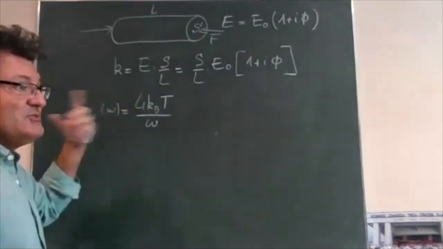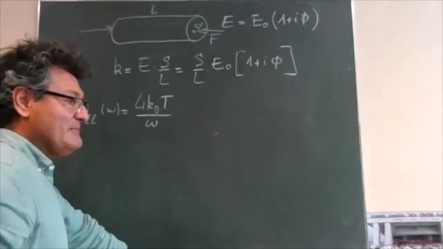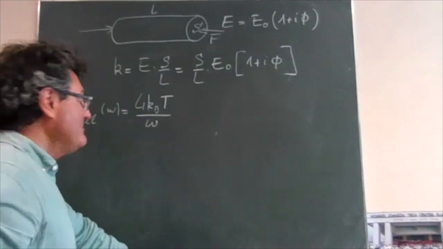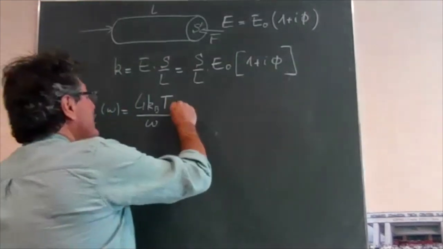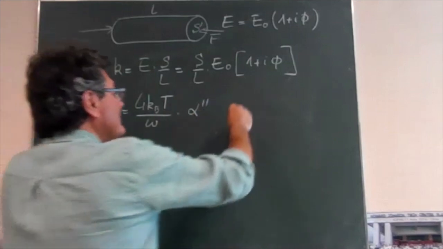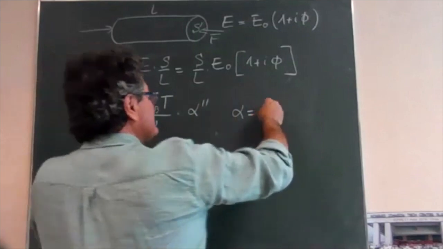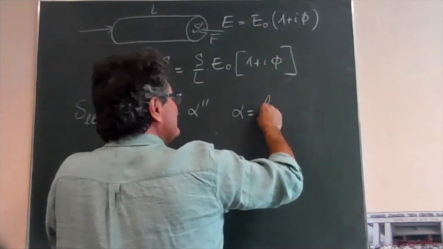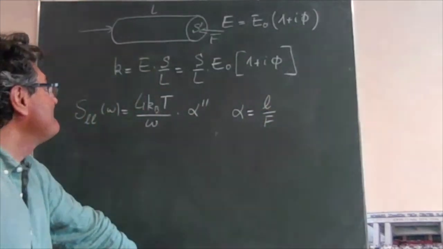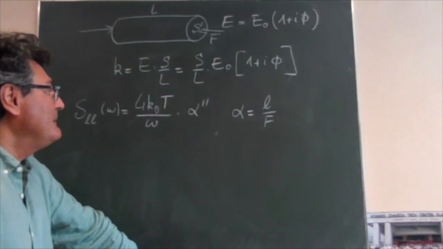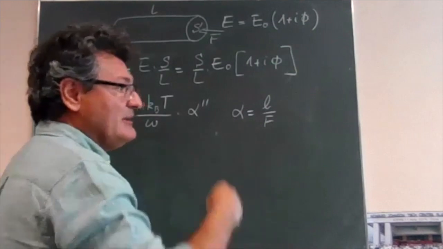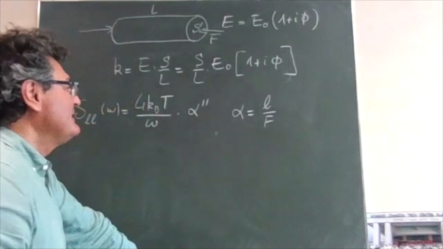This is the residual of the quantum origin of the fluctuation dissipation theorem, times alpha second. So alpha is the response. So the response is the length divided by the force. So therefore, the length, we call it x.